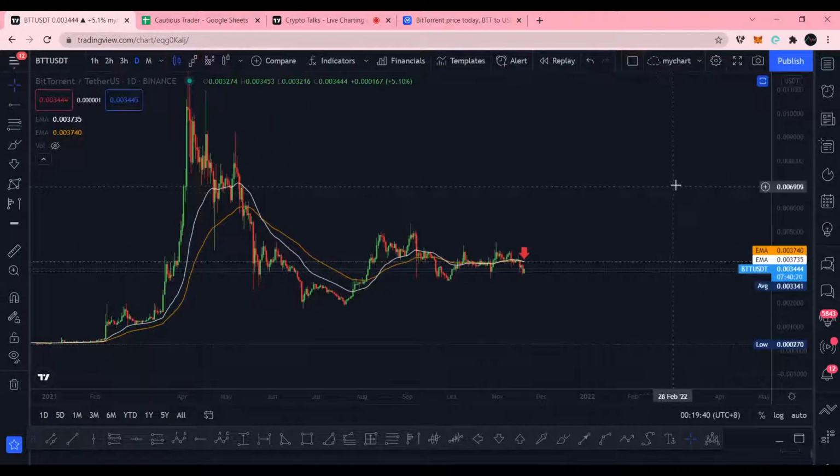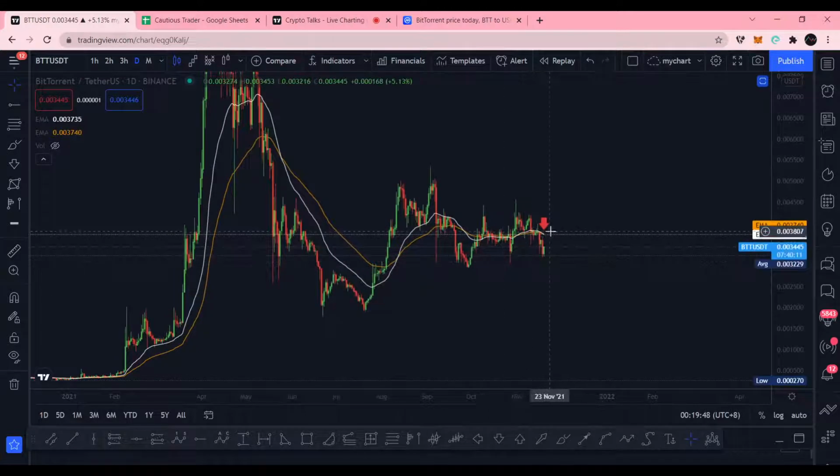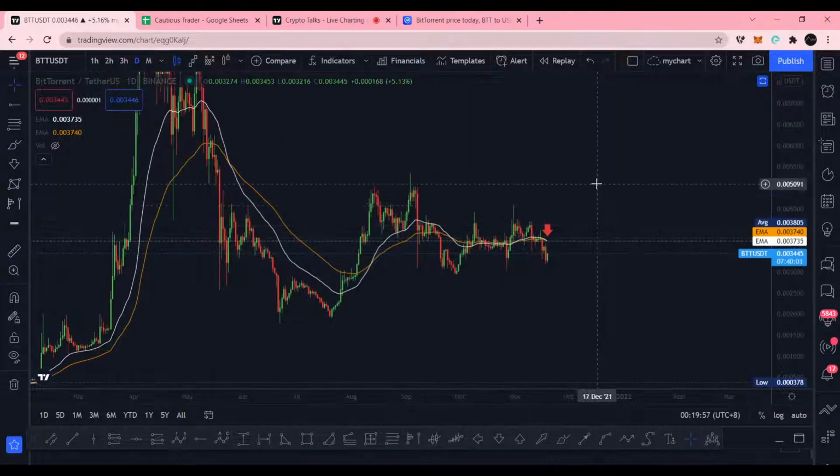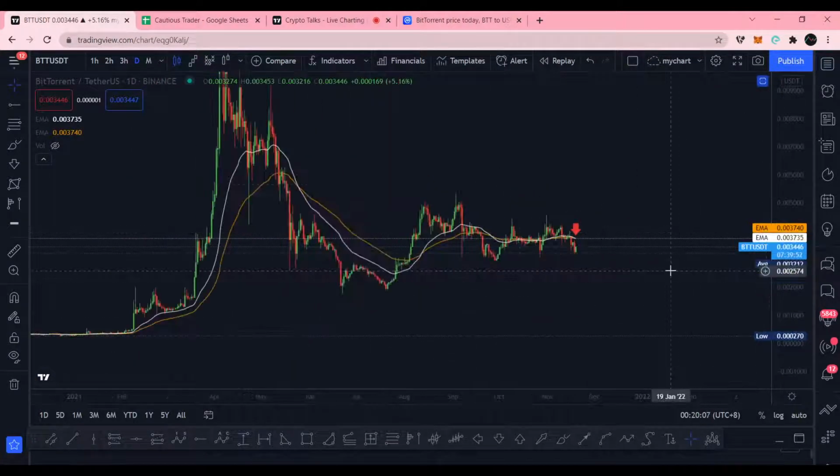Because if there is a dead cross, possibly it might still go down. I don't know. But anyway, I think that's the most conservative thing I could do for BTT if ever I'm going to trade it. I don't like it when there's that cross, because there's still a possibility that it might retest this and, worst case, this.